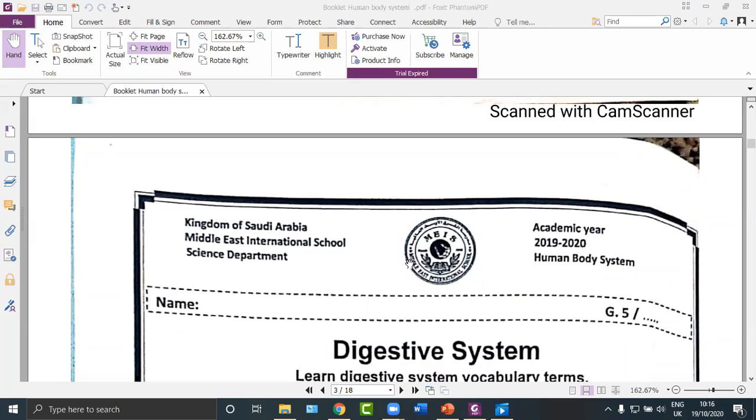Number 1. What's the answer? Page 2 or 3? Page 2, first blank, from the workbook. I opened the workbook, page 2. They are telling me all living things are made of cell. Not the workbook, the booklet.